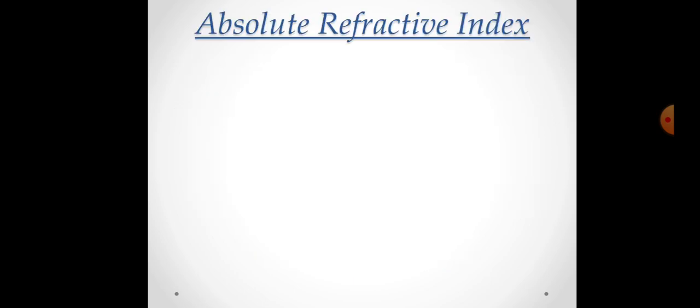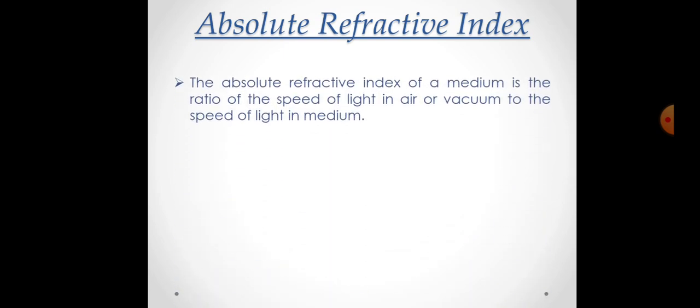Now coming to another term, absolute refractive index. What is absolute refractive index? We know that in case of refractive index there should be two media. Now, if one of the media is air or vacuum, then that refractive index is called absolute refractive index.